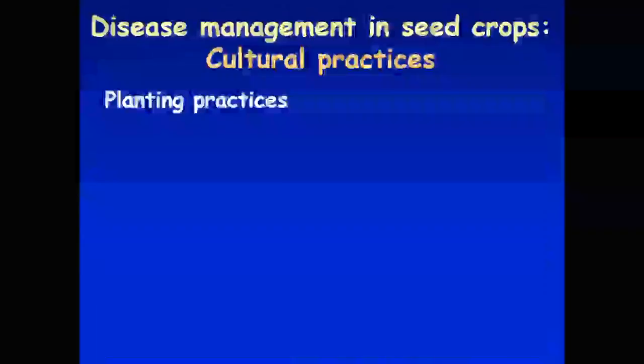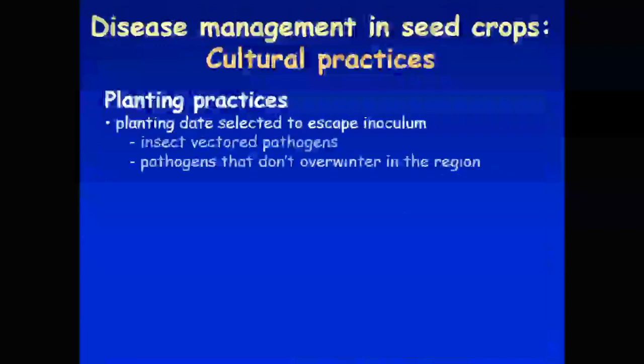Okay, so culturally we talk about planting practices. Sometimes if you can select your planting date, you can escape inoculum that might be blowing in, or if it's a pathogen that doesn't survive very well in our winters, if there's very cold areas, the pathogen may come in later in the spring, and if you can get your planting done earlier, you might be able to get the crop established before the disease comes in.